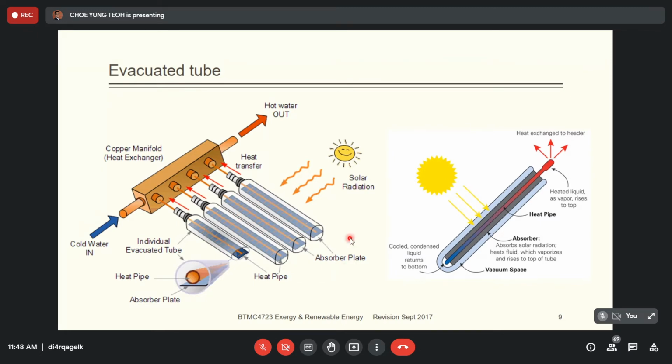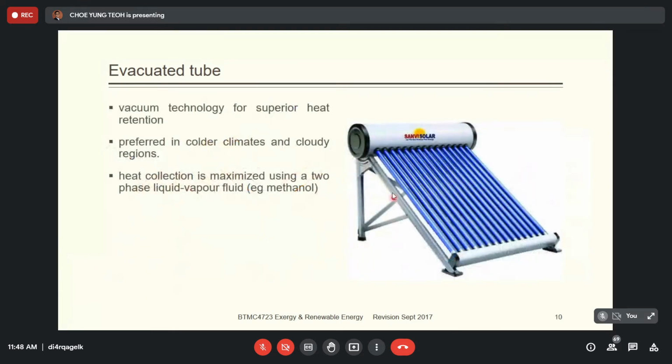This thing, you are not able to put flat on the ground. You must put it at some angle, so that the lightweight gases will move up and the heavyweight methanol liquid, when it's condensed, can move down.